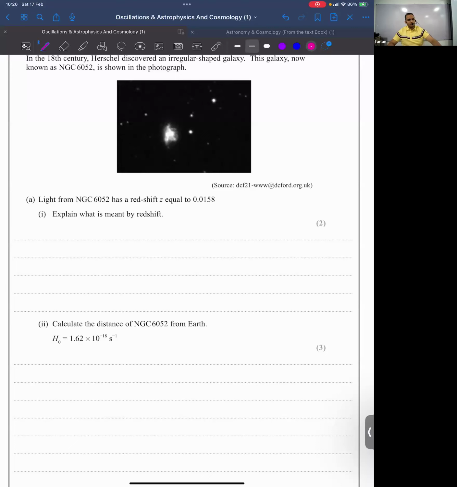Since the galaxies are moving away, the wavelength received from the galaxies is higher than the actual value, according to the Doppler effect. This is known as redshift.